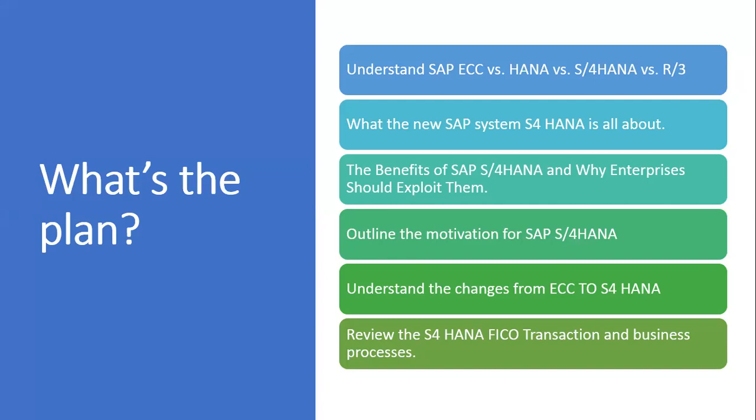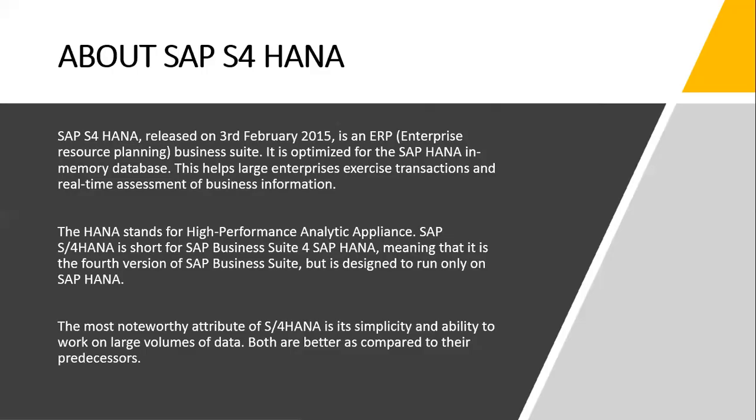We'll look at the benefits of the S4 HANA system and why companies and enterprises should adopt it. We're going to outline the motivation for SAP S4 HANA, understand the changes, and review the SAP S4 HANA FICO business process and transactions.